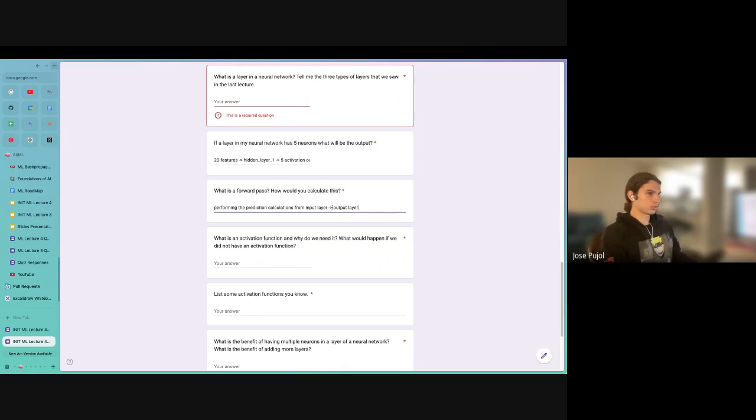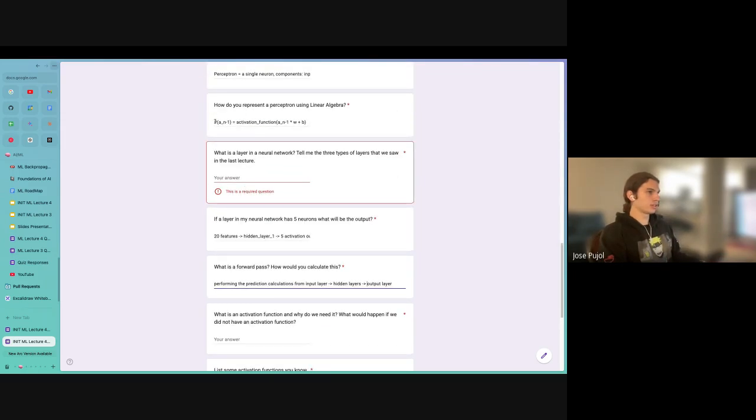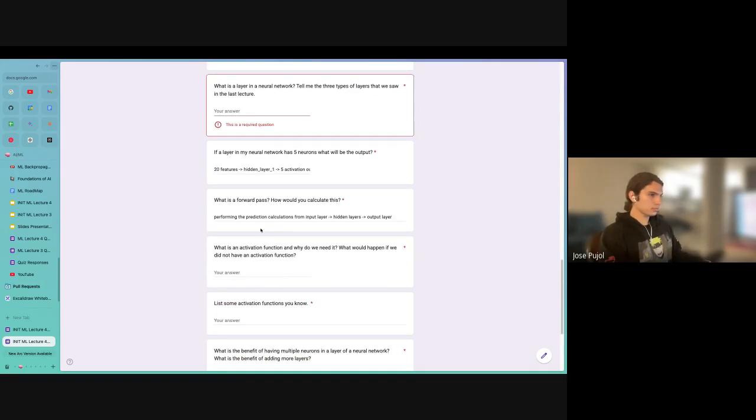So in between you have the hidden layers, and the forward pass is just going to be this series of calculations all the way from input to output, right?